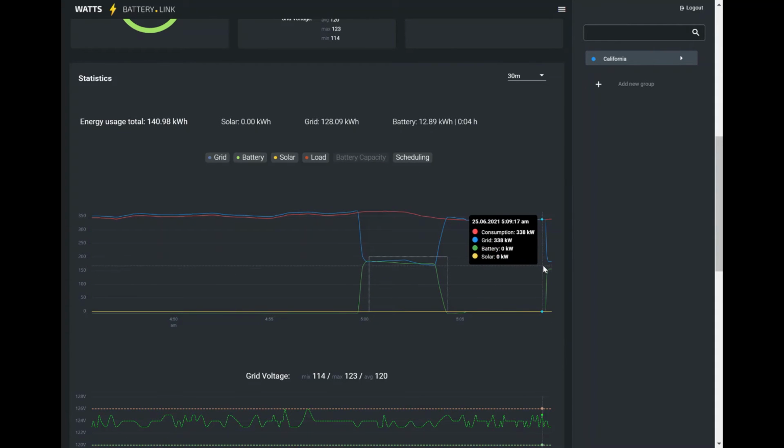Now immediately we see that we reached 5:09, and in a fraction of seconds we can see the response kicking in. Now we see the grid going close to 200 kilowatts, but never above that, and the amount of shaved power we are now covering with watts battery modules.